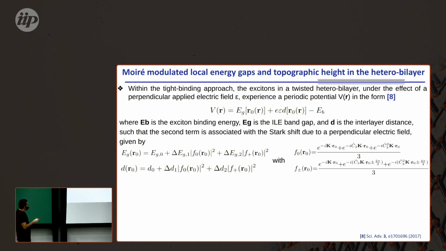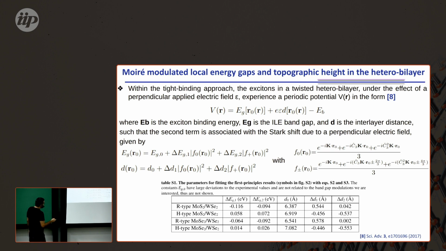And those position-dependent functions, as you can see here, depend on those F naught, F plus and F minus, that in turn depend on the symmetry of the system. So here it's twisted bilayer TMDs. It has C3 symmetry.